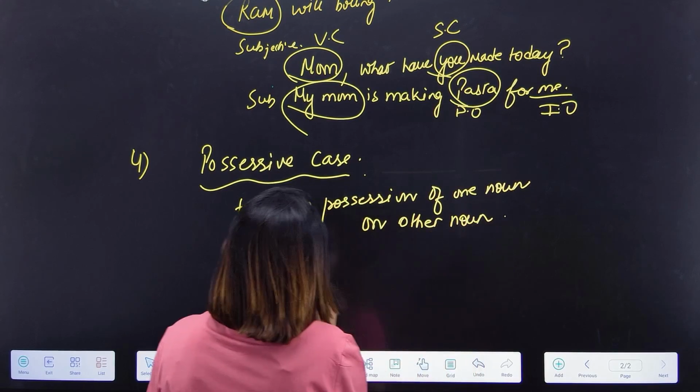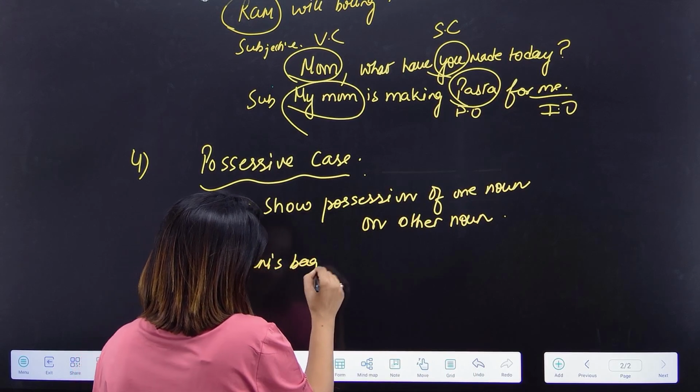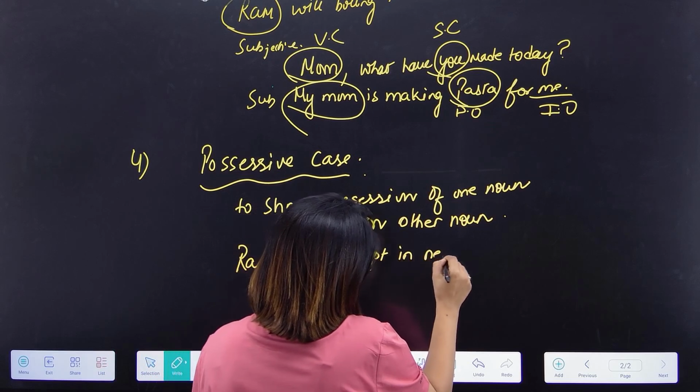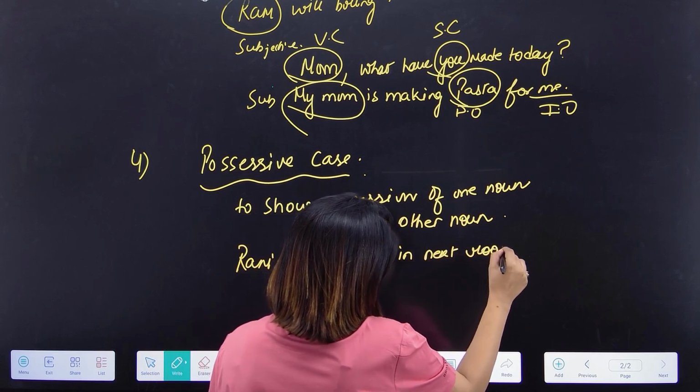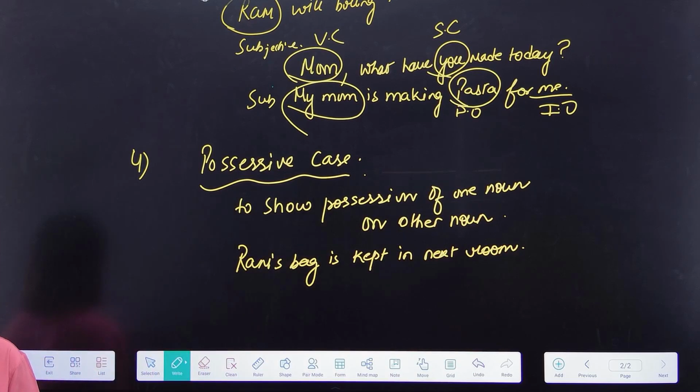Right? If I say Ram's bag is kept in next room, is it right to use this statement? Have I used it correct? Ram's bag is kept in next room.